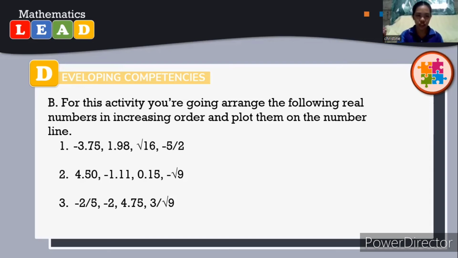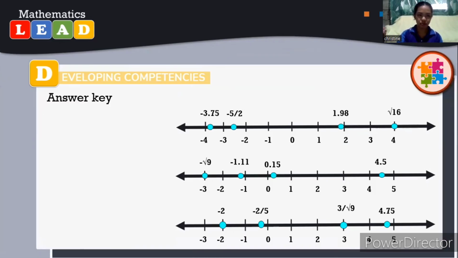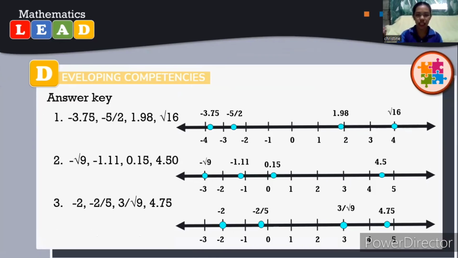Students, I will give you 30 seconds to answer this. Let's start. Time's up. And here is the answer in increasing order and the plot on a number line.